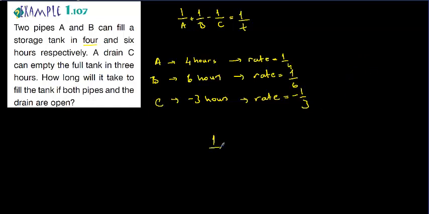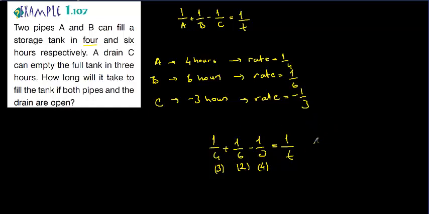So 1 over 4 plus 1 over 6 minus 1 over 3 is going to be equal to 1 over t. This is the formula for this one. Here the common multiple is 12, so I'm going to multiply this one by 3 to make 12, this one by 2, and this one by 4 to make 12.